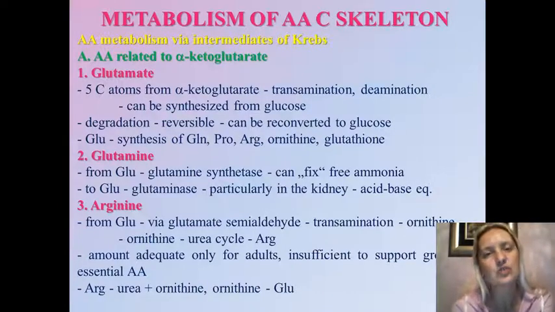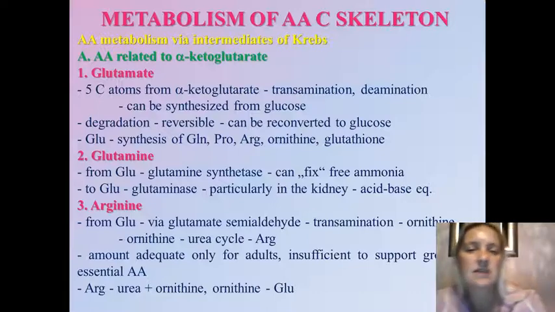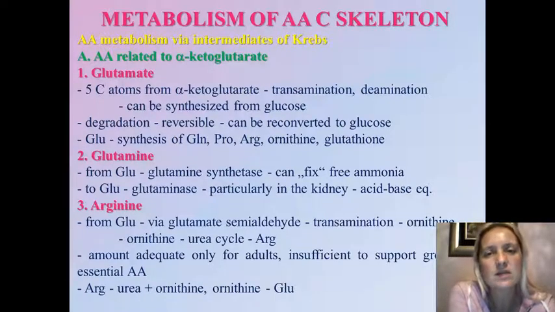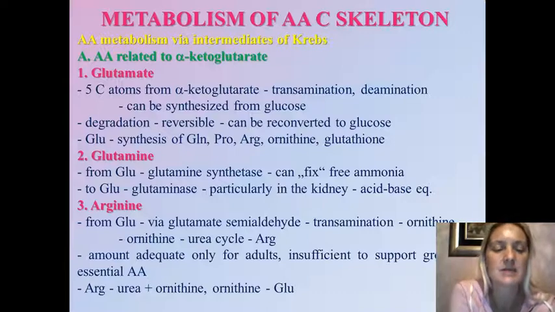It goes to glutamate by the enzyme glutaminase, and this one is particularly important in the kidney because upon this reaction ammonia is released, which can be secreted to tubules and can buffer hydrogen ions originating from non-volatile acids, thus maintaining the acid-base equilibrium.